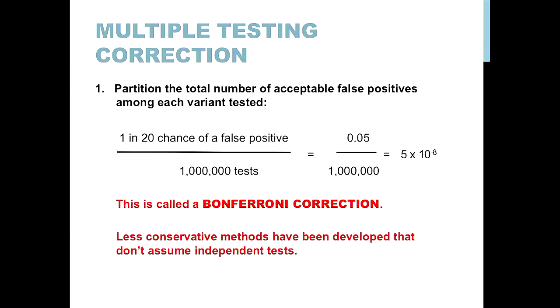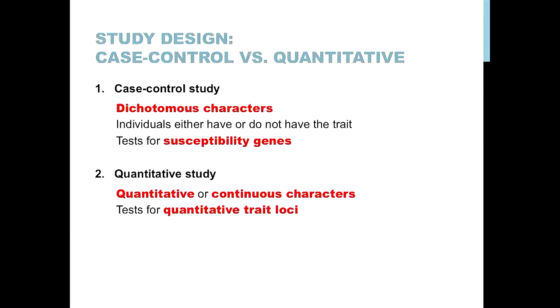Okay. And then I want to talk about study design. The two study designs that are the most common are case control, which we've already talked about today, just with the disease X versus control. In a case control study design, you would have what's called a dichotomous character.